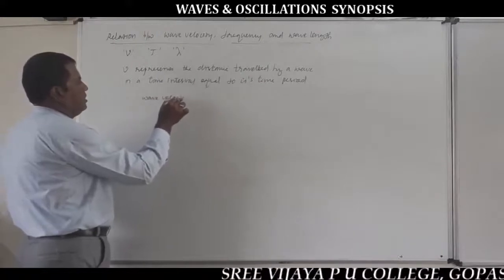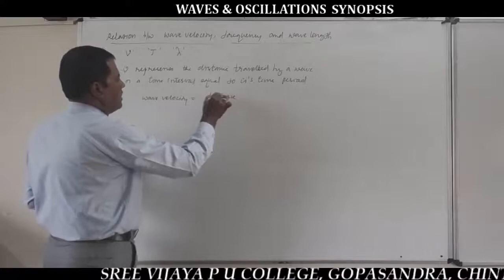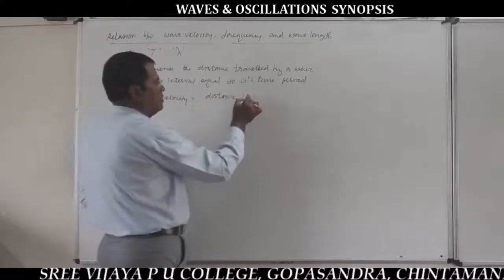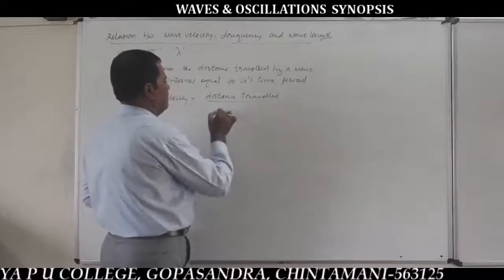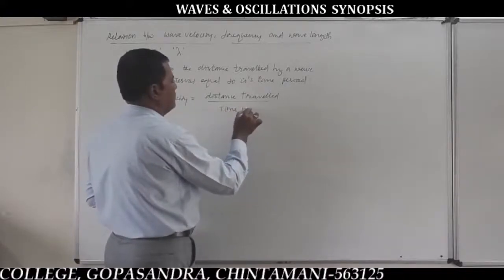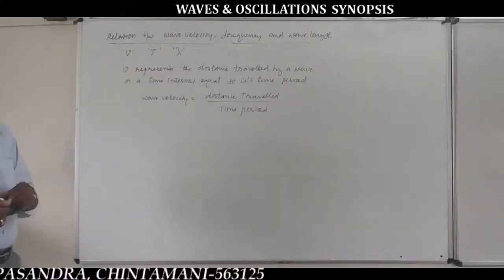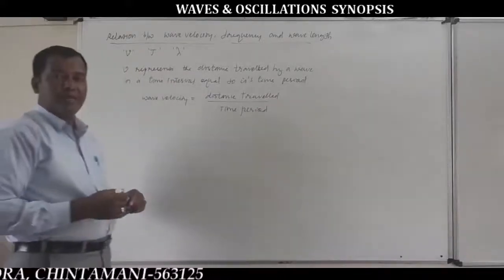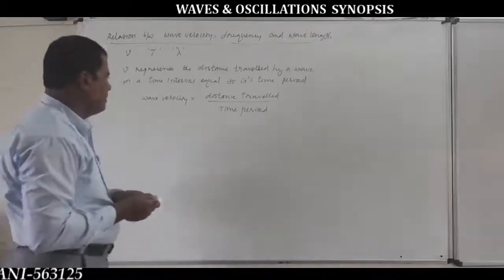Wave velocity is equal to distance traveled by time period. So already we are familiar that the distance traveled by a wave in a time interval equal to its time period is called wavelength.